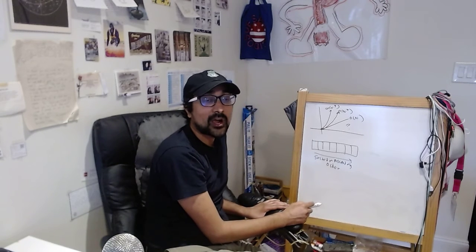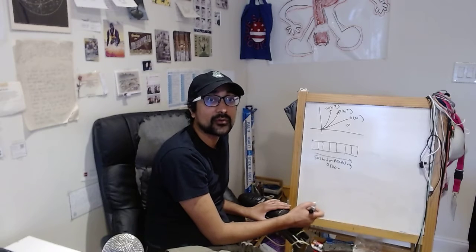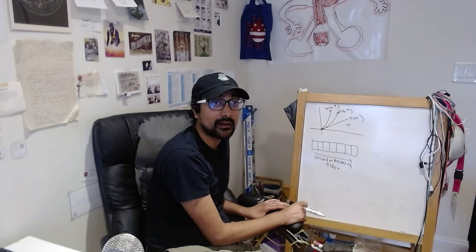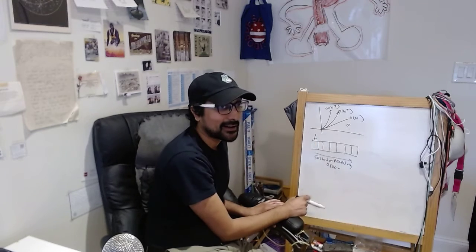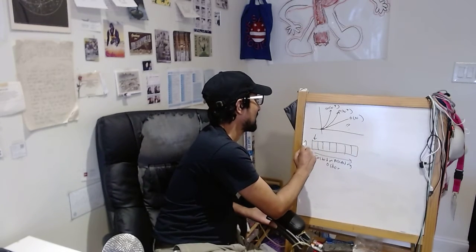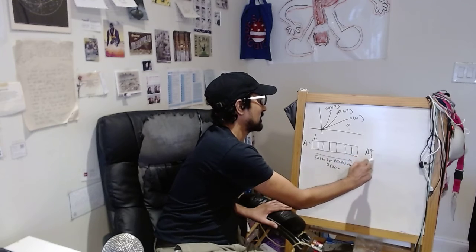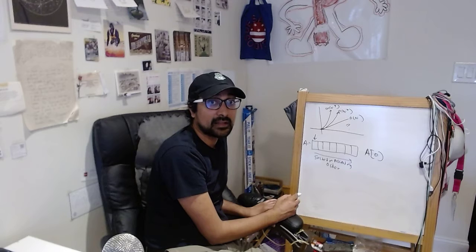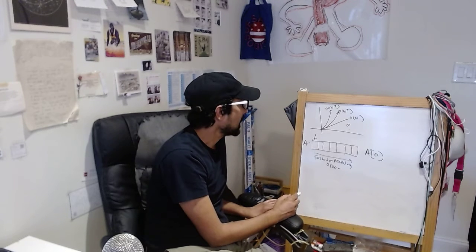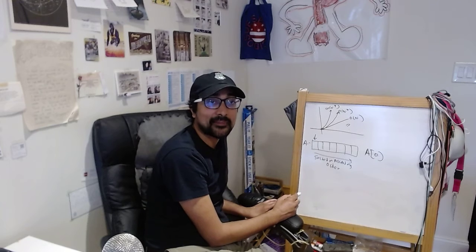Well, my algorithm to find the lowest value will be to grab the zeroth element, right? If this array is A, we could just say A sub 0. And that is the lowest element of the array. So we just grab A sub 0.